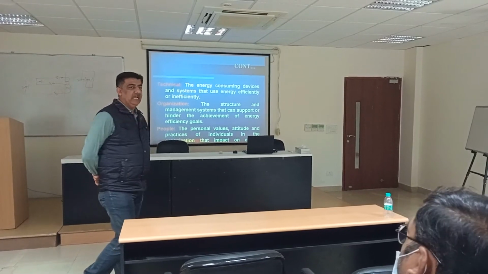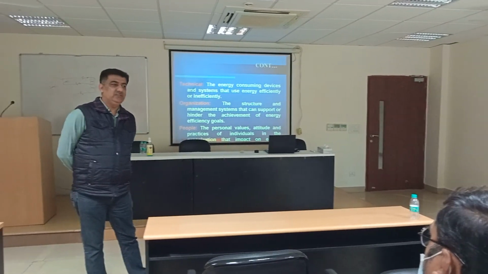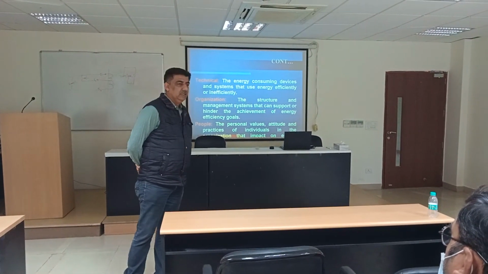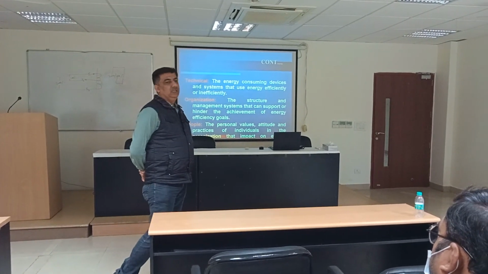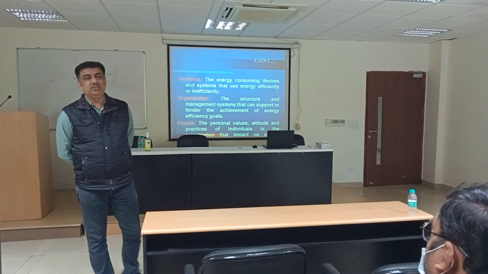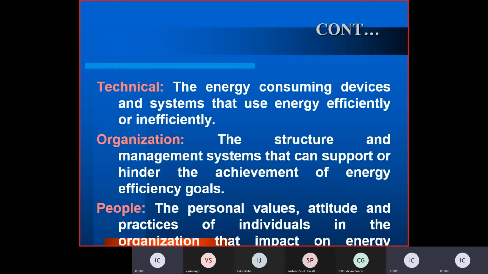You have to inculcate the habit in them to switch off the lights whenever they go outside. Nowadays sensors are also coming, so when you go out of a particular room, the electricity of that room is switched off. This is another area that relates to people's training: how to implement the energy efficiency standard and how to achieve the goal of energy efficiency. These are the three key elements: technical, organization, and people.